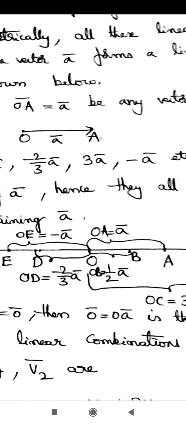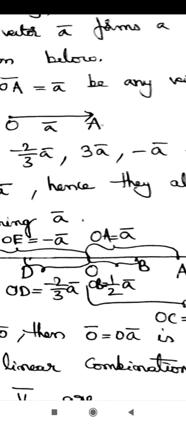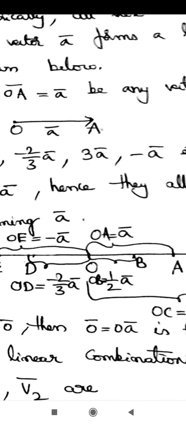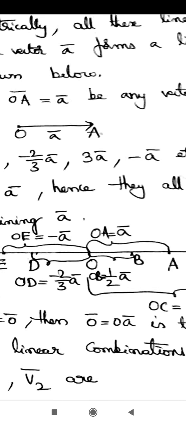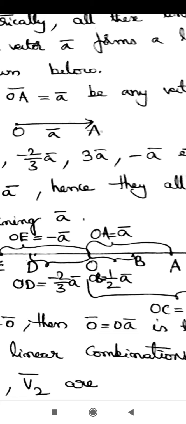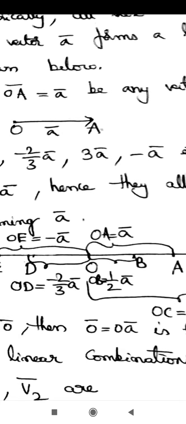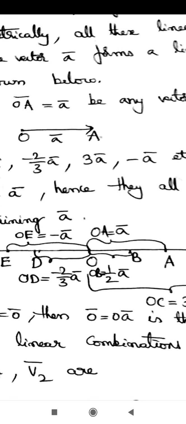As it is minus 2 by 3 a bar, it will have the opposite direction to OA, and regarding the magnitude it will be 2 by 3 times a bar, which is less than OA itself, because it is less than one. So it does not even have the length of OA on the negative side.